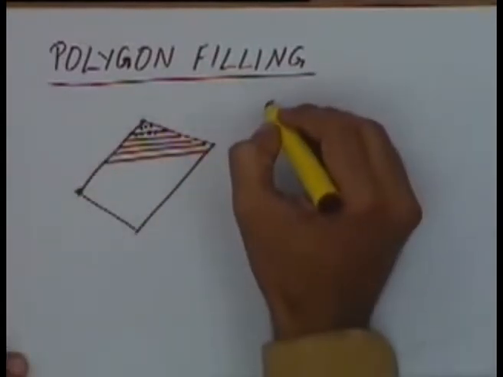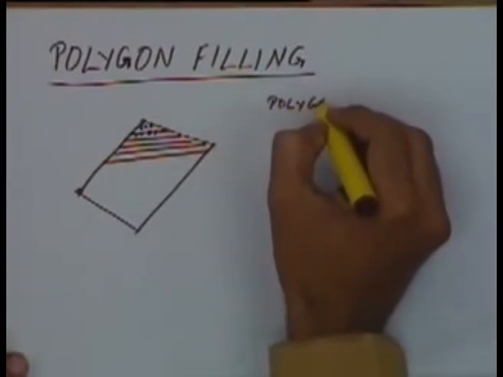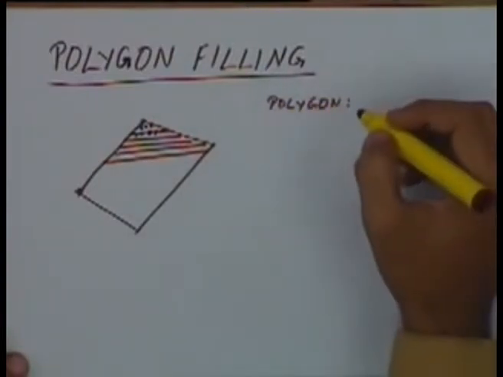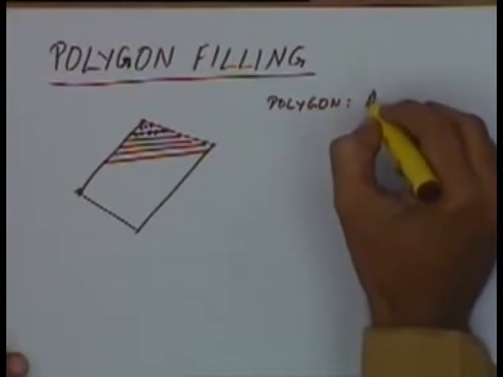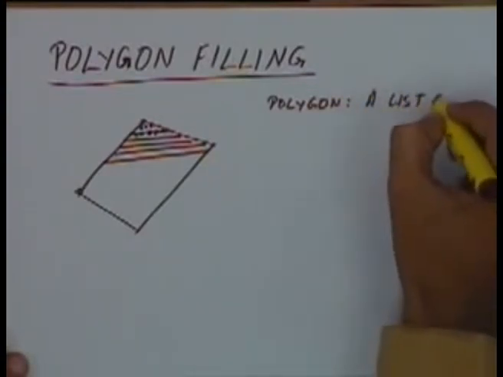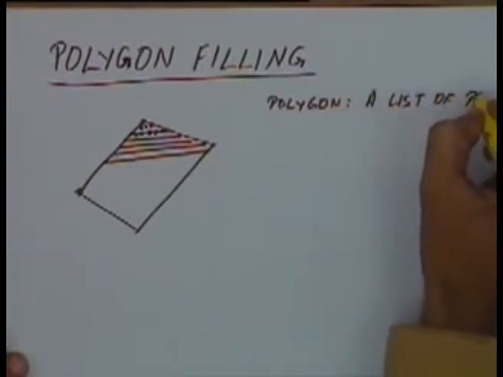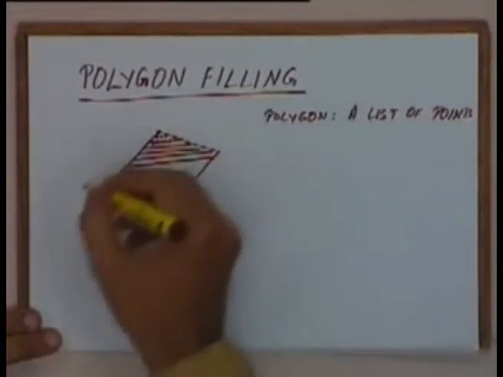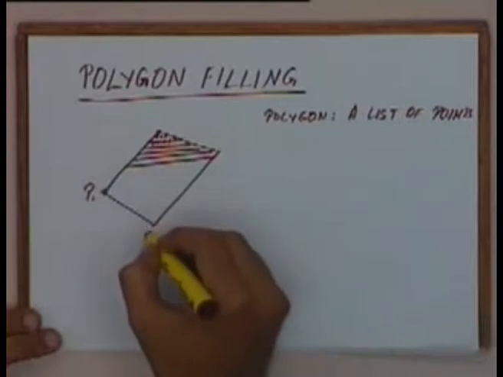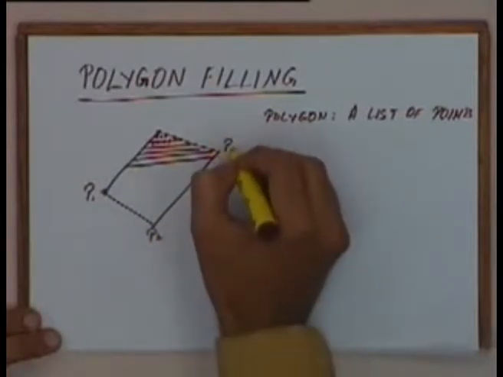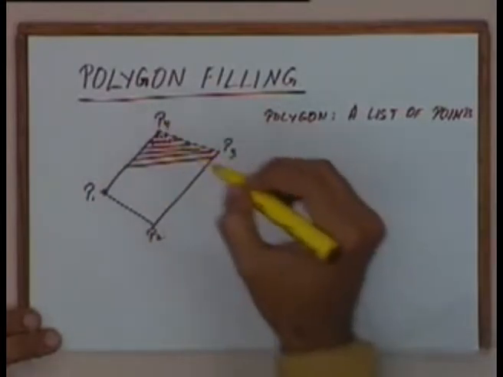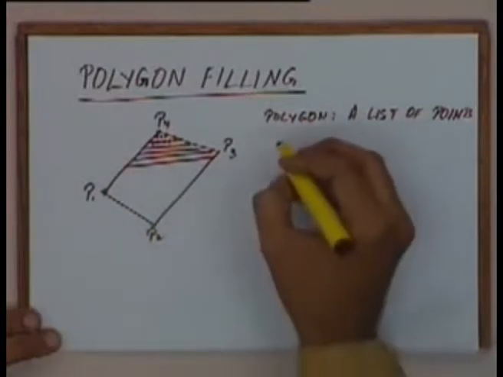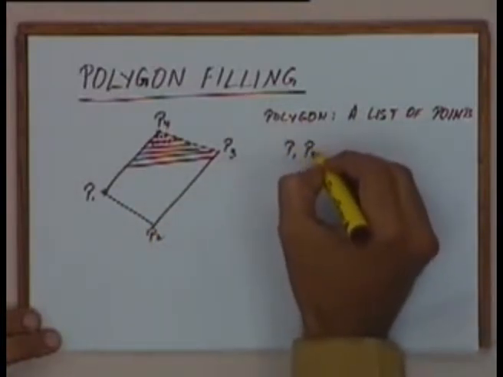What we are given for this is a polygon, and what is a polygon? A polygon will be defined as a list of points. Okay, so if you have a polygon like this, this would be represented as a list of points given like this.